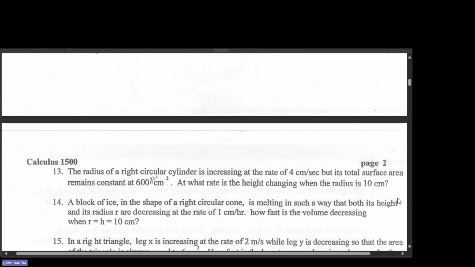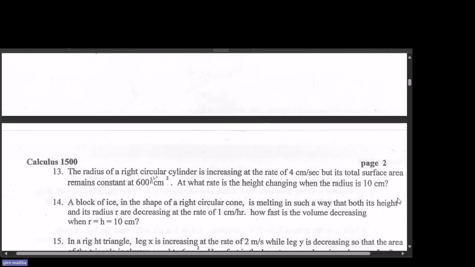I repeat, we have got a block of ice here in the shape of a right circular cone. This ice is in the form of a what? Of a cone, circular cone. This ice is melting in such a way that both its height and its radius are decreasing at a rate of 1 centimeter per hour.